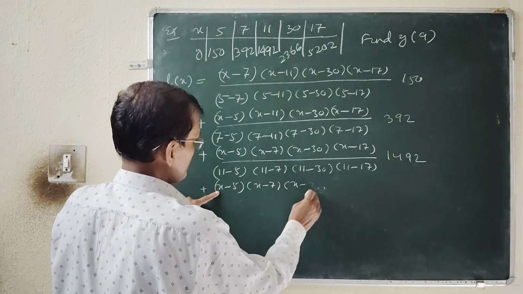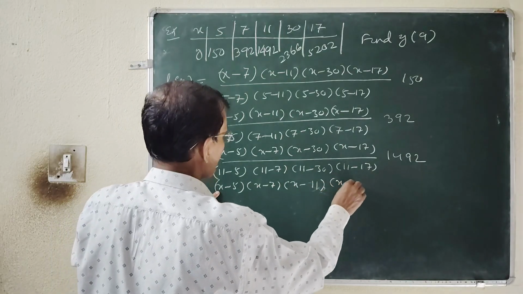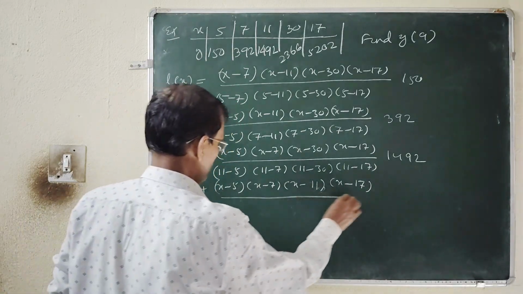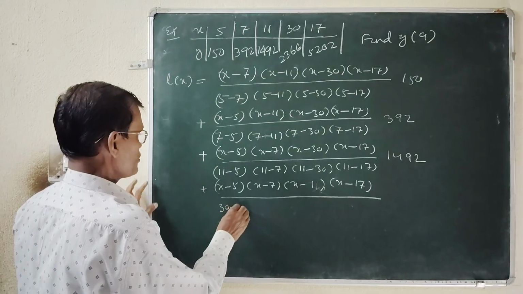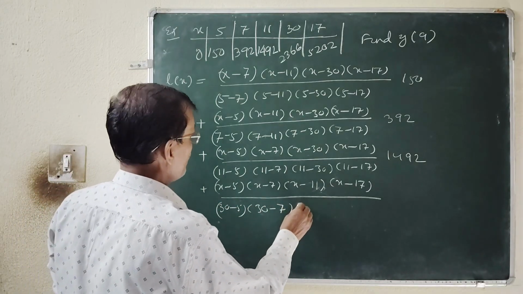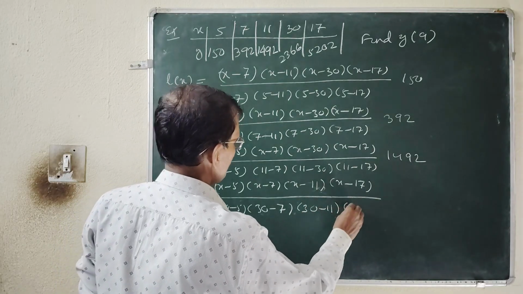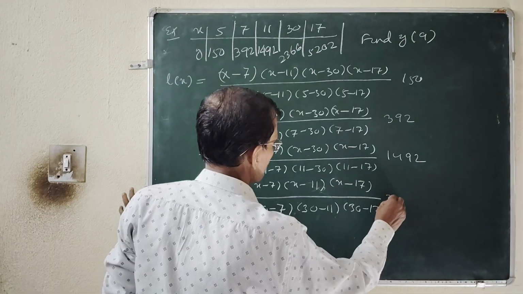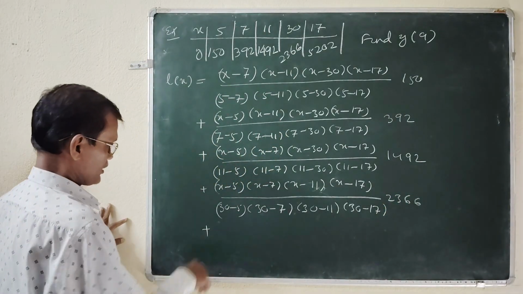That means here we write x minus 11 and x minus 17, right? Divided by, we have neglected 13, so that is 13 minus 5 into 13 minus 7 into 13 minus 11 into 13 minus 17 into 2366, plus the last term.